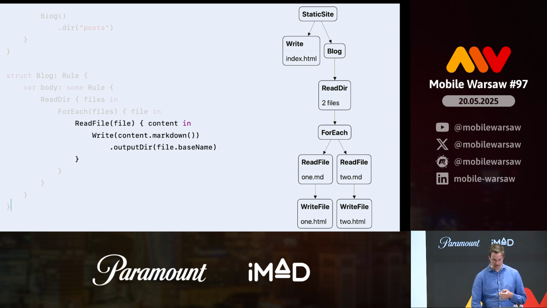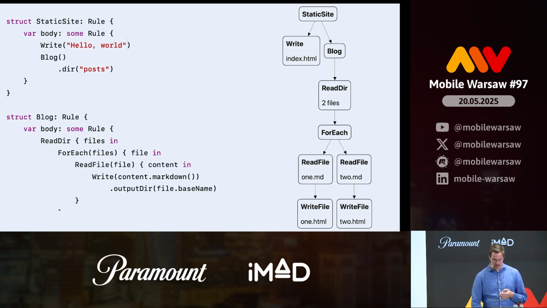And so now what happens is we can, for example, change to.md, and we can do the same kind of semantics as SwiftUI. So what we want to happen is if we change to.md, just that read file should trigger, and just the write file should trigger, right? And not anything else in the graph. And that way, as we edit our blog post, we can have immediate feedback. We could even somehow refresh the web server or something like that.